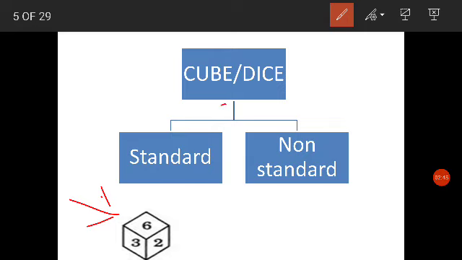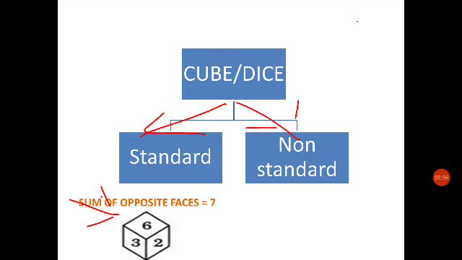One is standard type, the other one is non-standard. In standard, the sum of two opposite faces is 7, and in non-standard, the sum is not equal to 7.